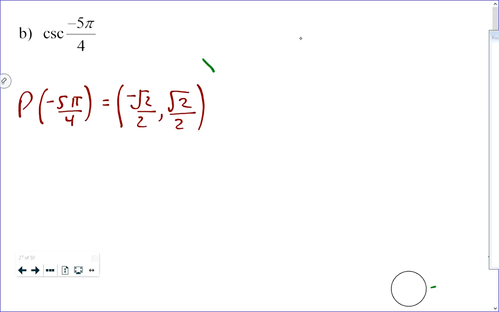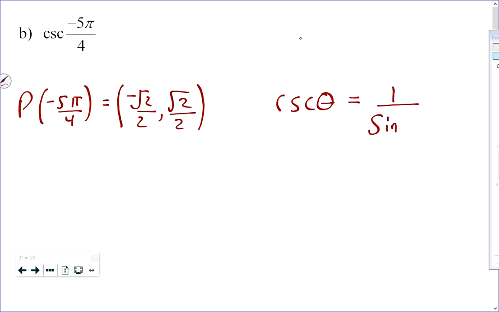So now how do I solve this problem? Well, I look at what's up here and I'm trying to find cosecant of theta. So this is what's going on in my head now. Cosecant of theta is, and I either go from my brain or I go to my formula sheet, the reciprocal of sine of theta.